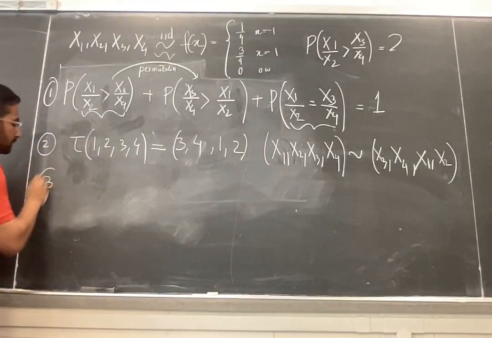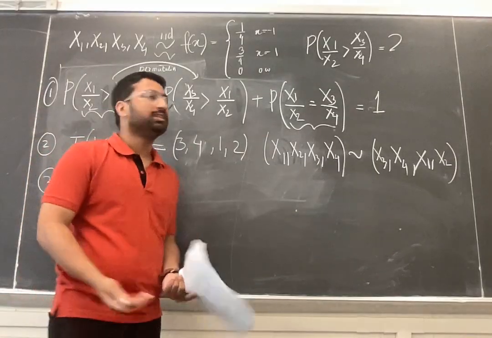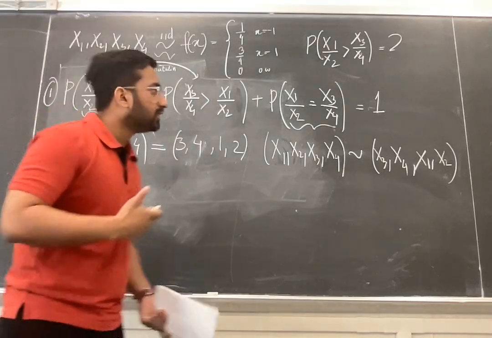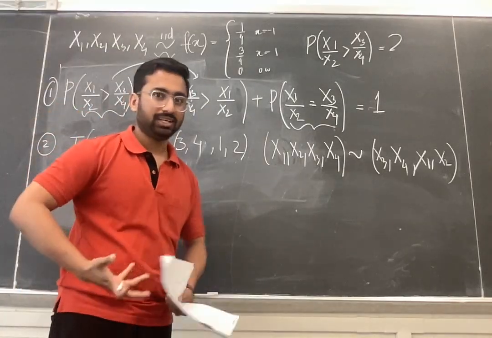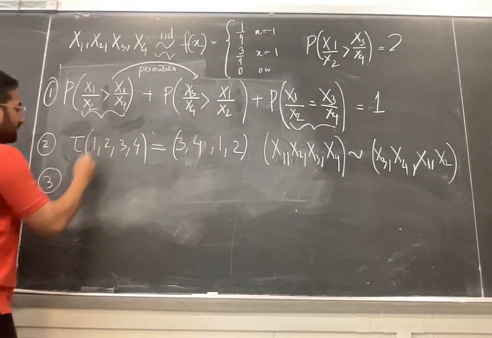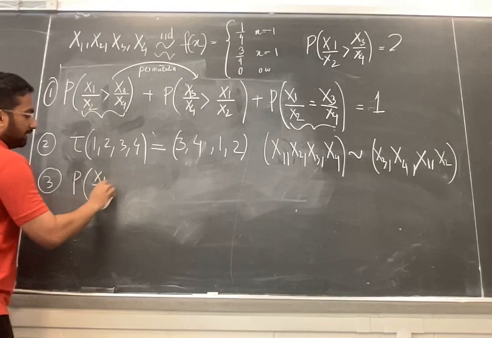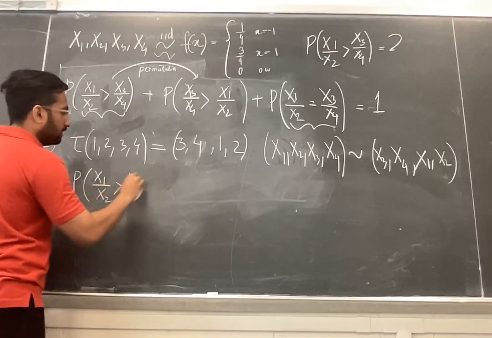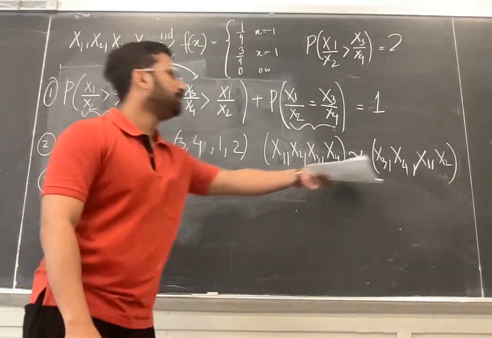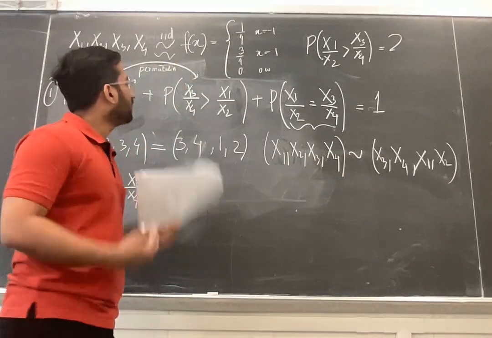Since the distribution is the same, and a probability is a property of the distribution, because probabilities are derived from the CDF, the cumulative distribution function, the probability of this is equal to this. Usually people skip this analysis, that they are symmetric and so will be equal.